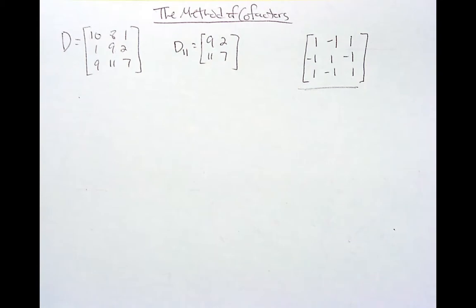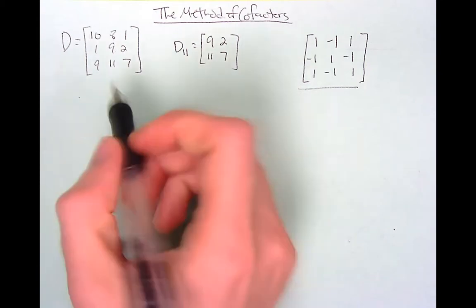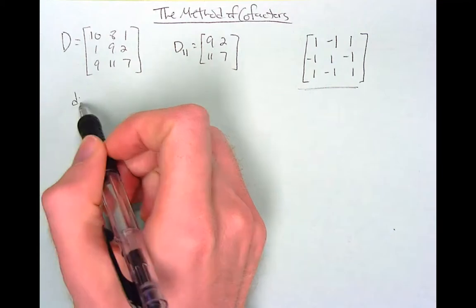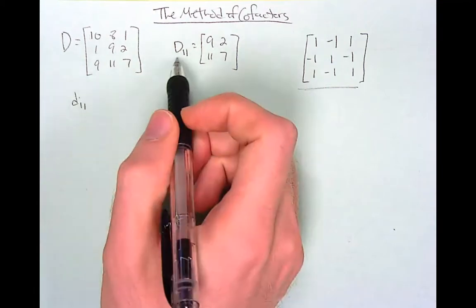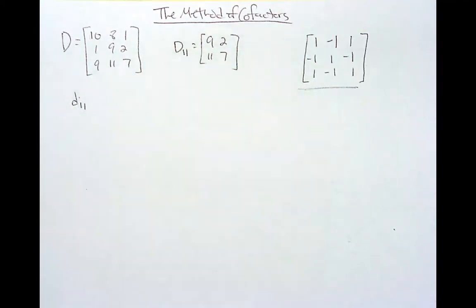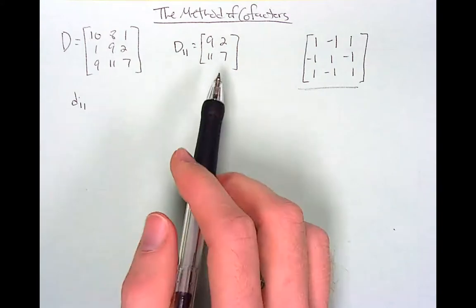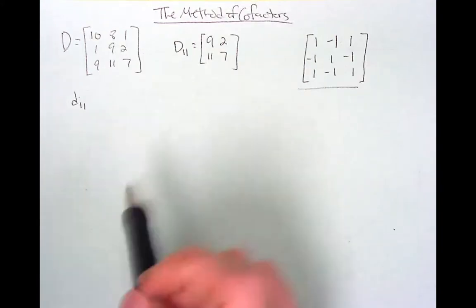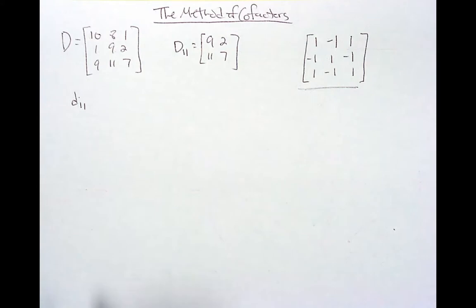So the cofactor for the element D11 is just the determinant of the smaller matrix calculated with the formula shown above for a 2x2 matrix.